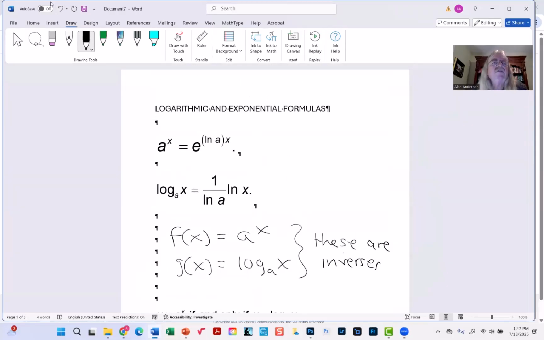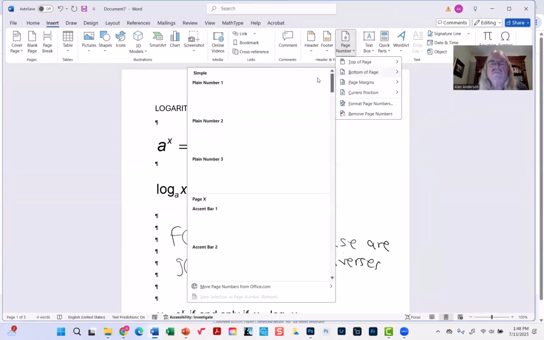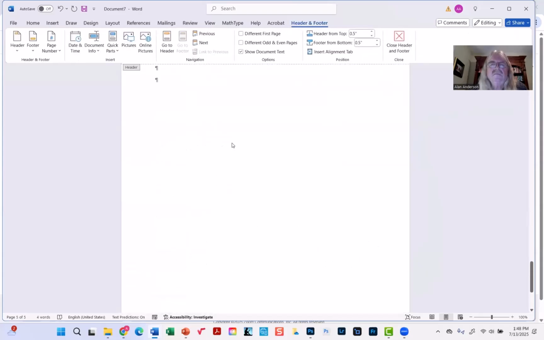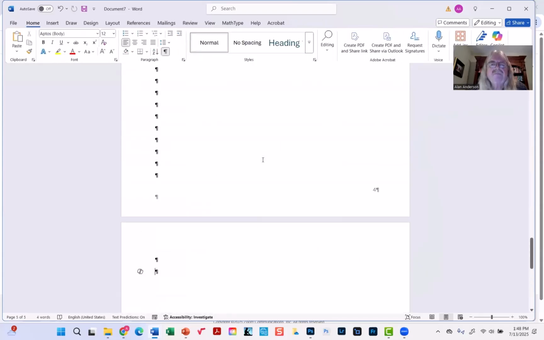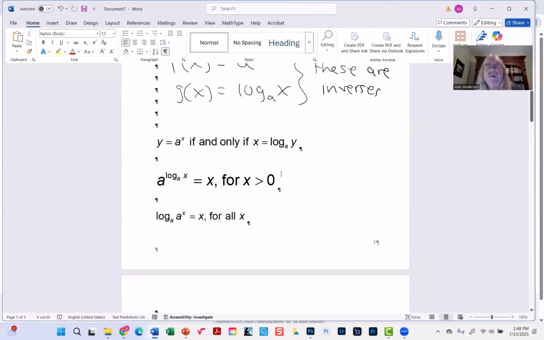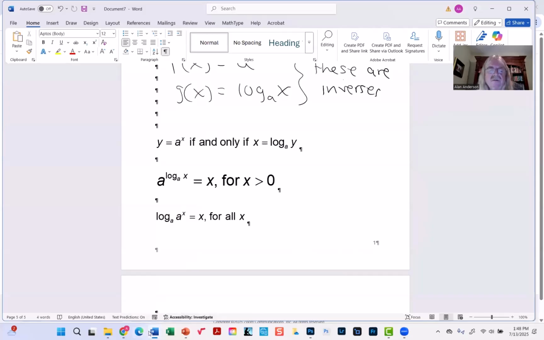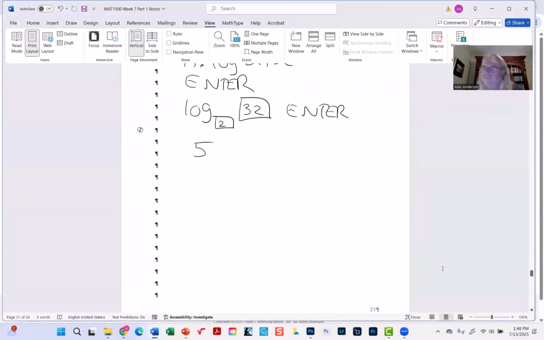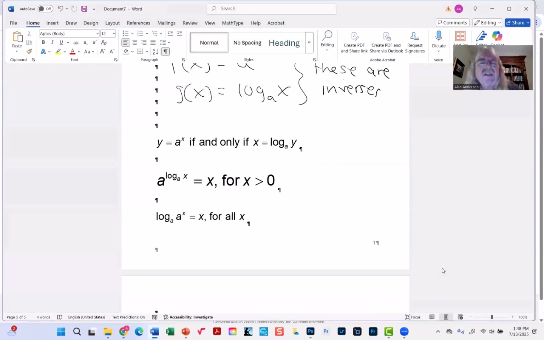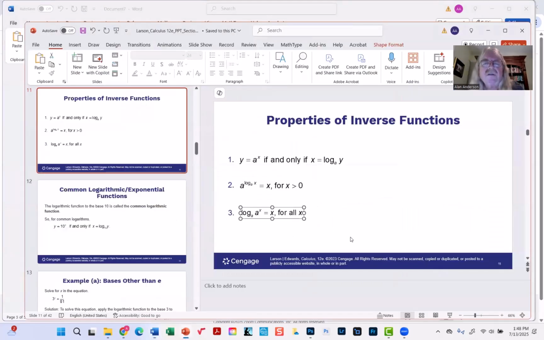Let me just make sure this one has page numbers. And if you think in terms of A being equal to E, A is, remember, a real number. One of the implications of this is that I'm going to add these to today's notes. Based on what you're seeing here, actually, I'll copy these over here.